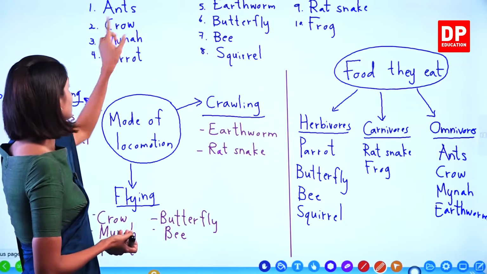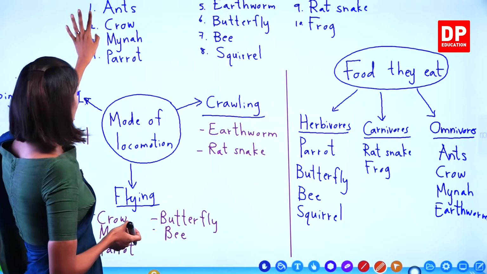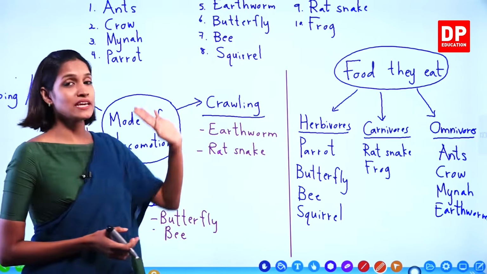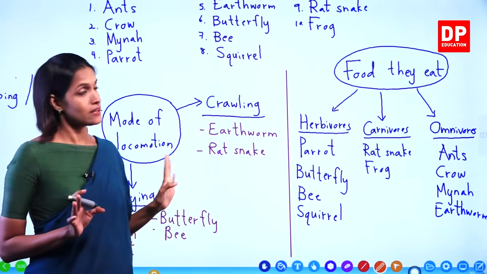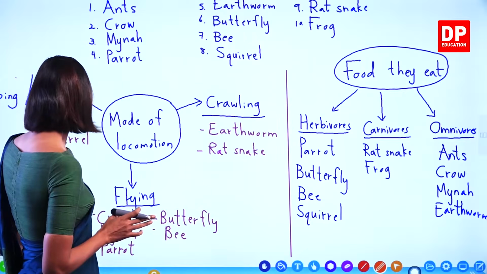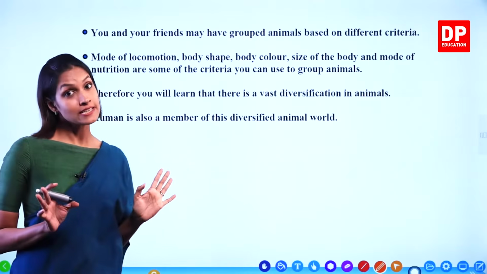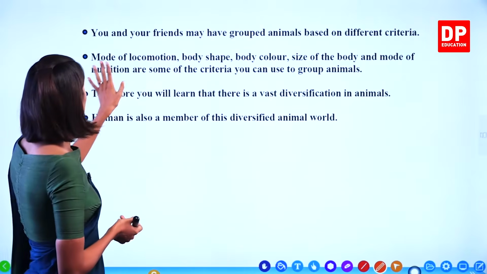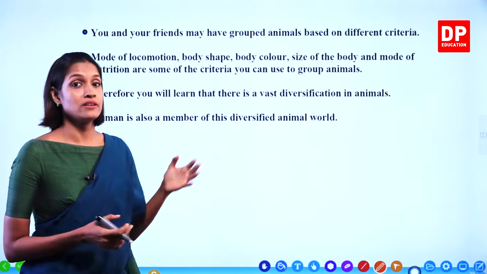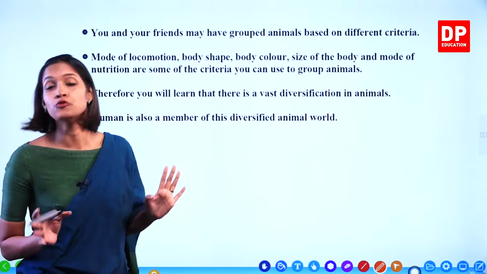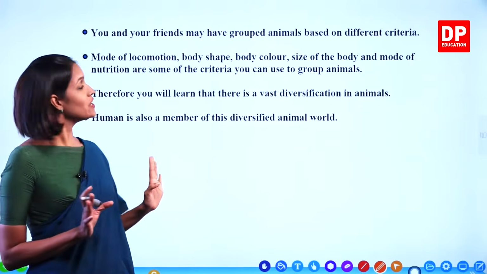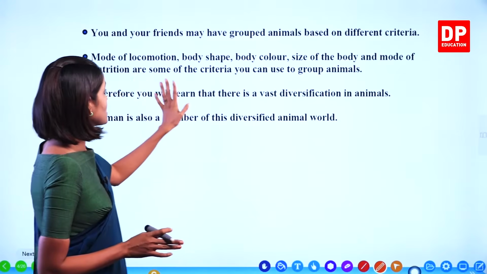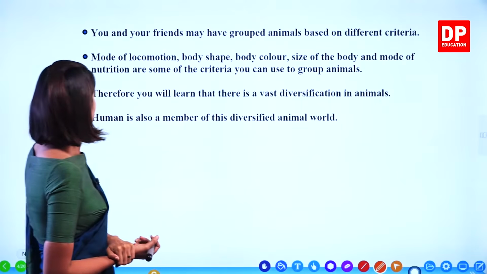Right, when it comes to ants, when you compare ants to the squirrel or rat snake, they are very small in size. Okay, so you can take the size also as a key, right? And mode of nutrition. Mode of nutrition, it means carnivores or herbivores or omnivores as we used before, right? Are some of the criteria you can use to group animals.